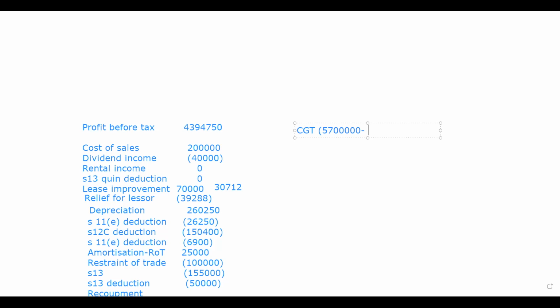And then the amount that we get is now, what is the formula? It's base cost minus allowances. So for base cost, we got 4.4 million, 4,430,000, that's what we got.